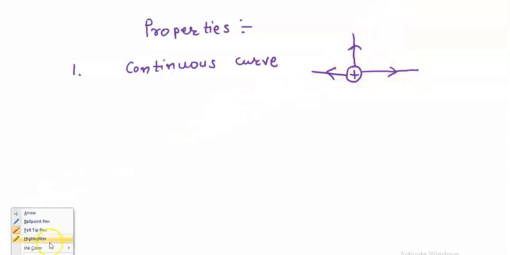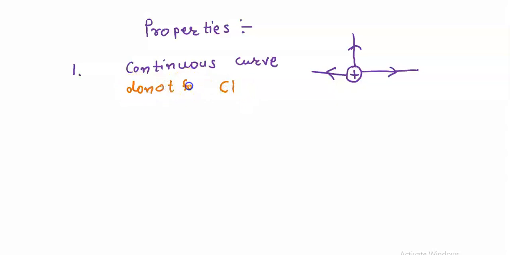Having said that, do remember that they do not form a closed loop. These are two different things. Now what does it mean? It means that the electric field lines inside the charge won't exist.